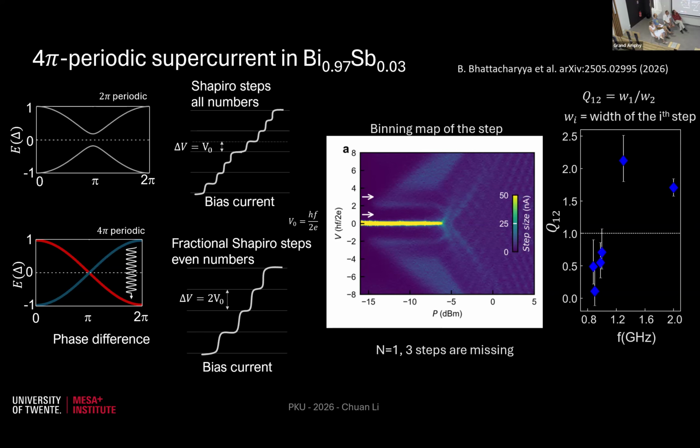For the moment, not that many systems show this suppression of the odd steps in the second or higher order. Many reports at the beginning only show the suppression of the first, but then they give even more alternative explanations. So nowadays this is a somewhat improved way of showing the 4 pi.